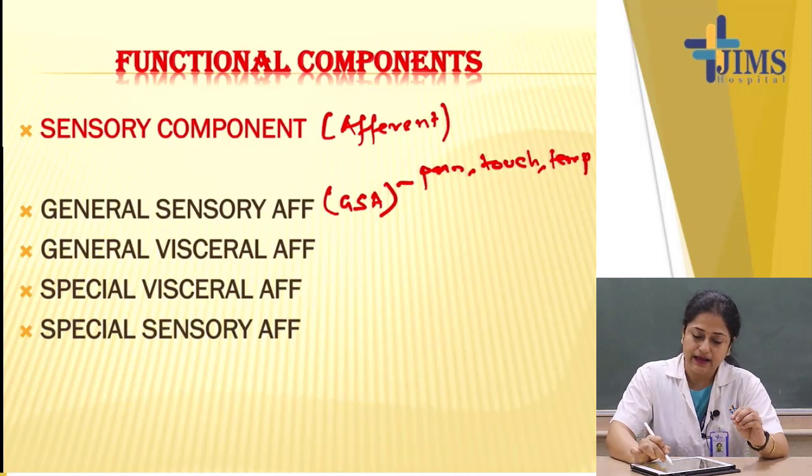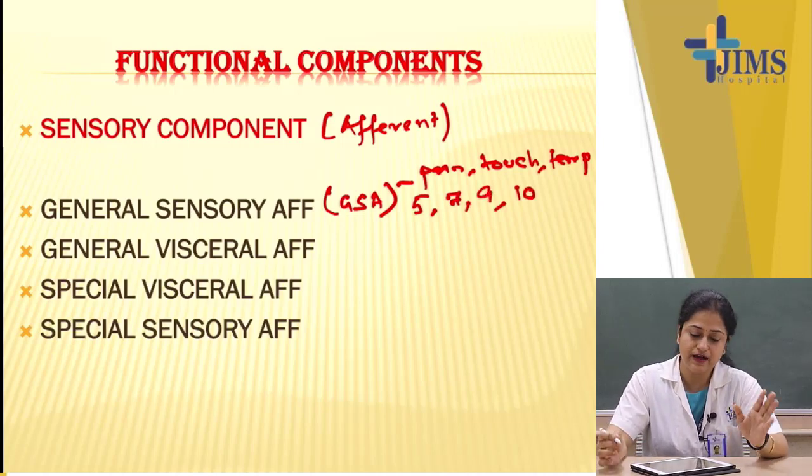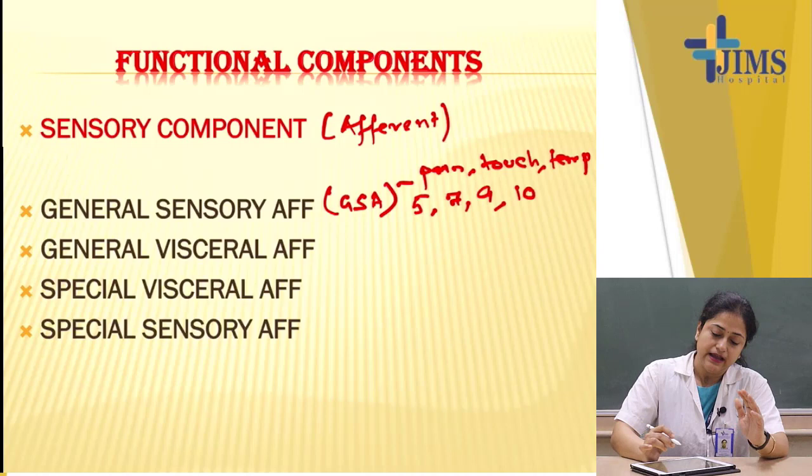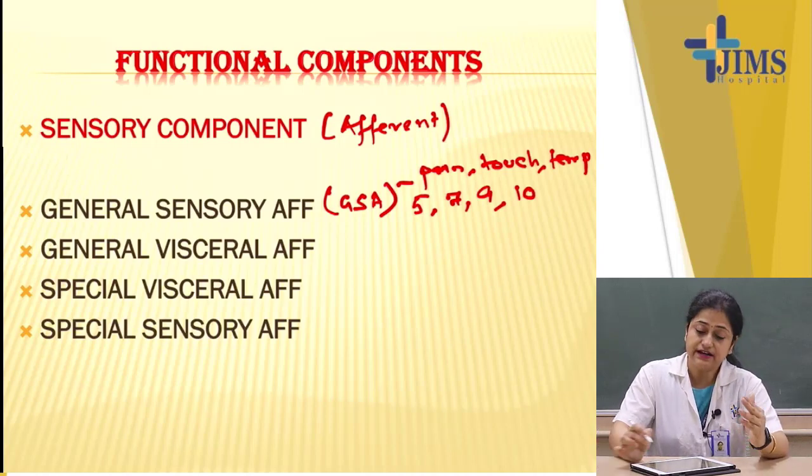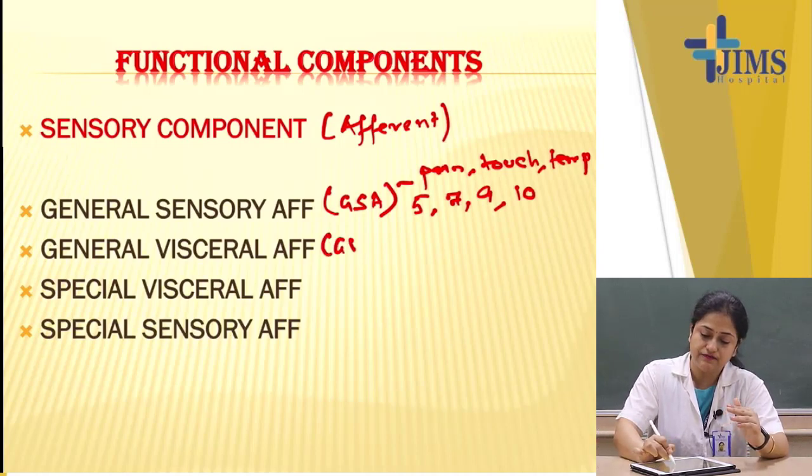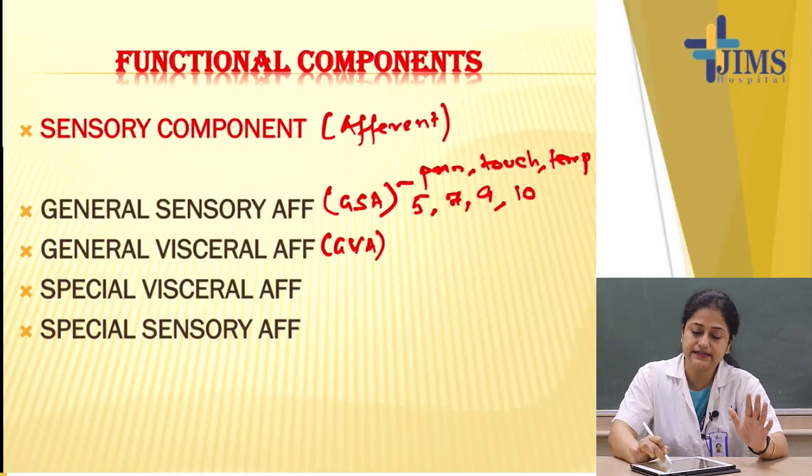It is carried by the 5, the 7, the 9 and the 10 again. So 5, 7, 9 and 10. Next is general visceral afferent or GVA. These are mainly, I said, concerned with the visceral reflexes.